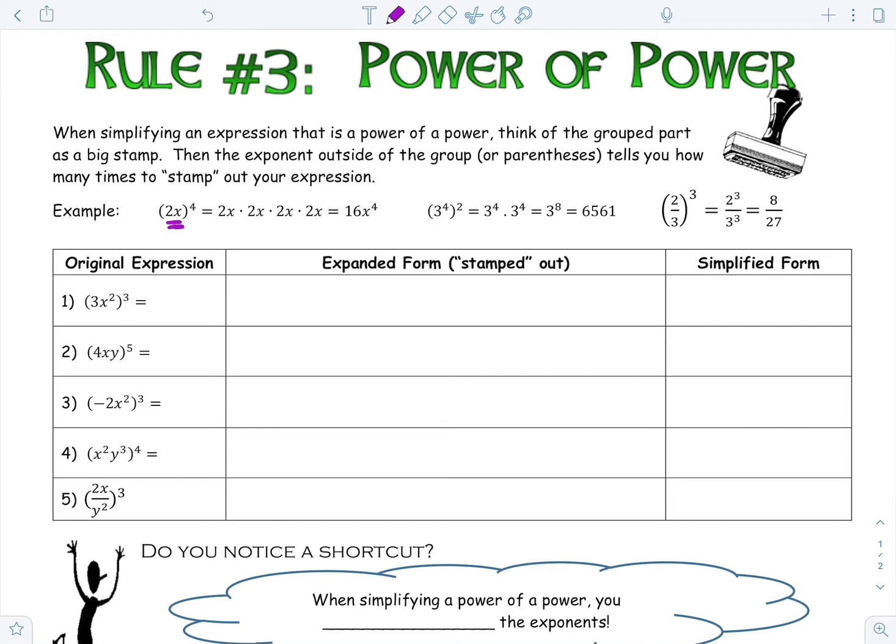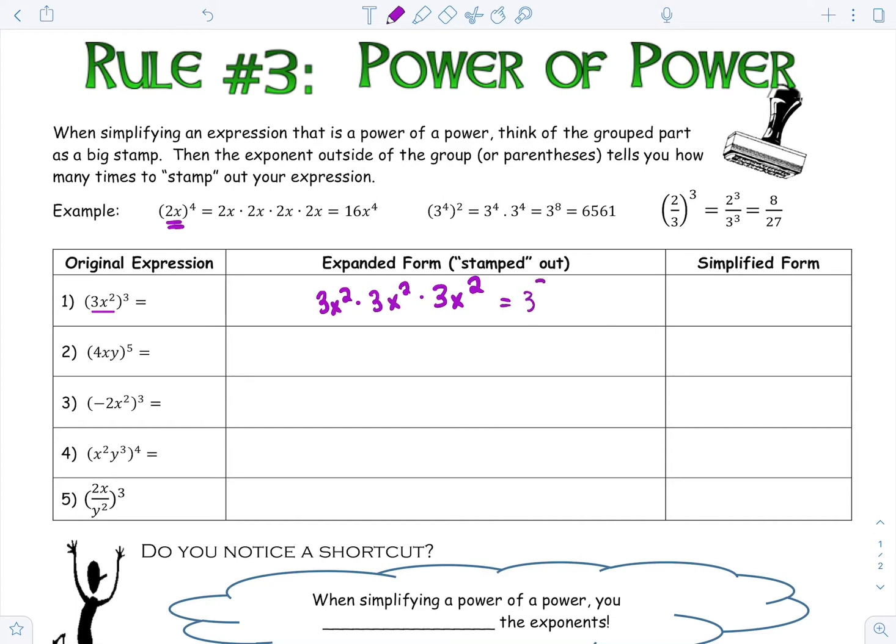So we can look at some more examples here. Well, we have (3x squared) raised to the third power. Well, if we are to expand it, or stamp it, we have this expression 3x squared, and the exponent being 3 is telling us to multiply it 3 times. So that becomes 3x squared times 3x squared times 3x squared.